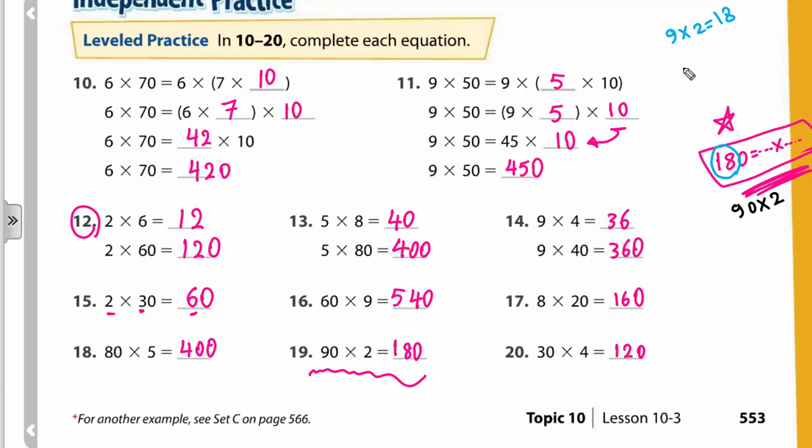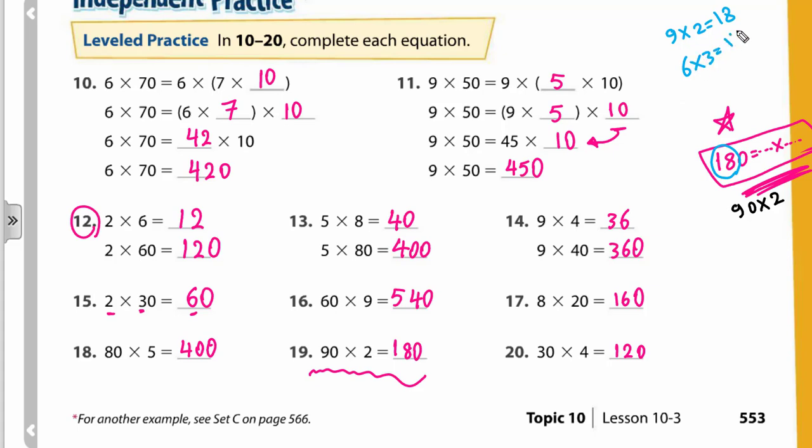I think it's also in the timetable of 3, we have 18. 3 times what gives 18? 3 by 6.